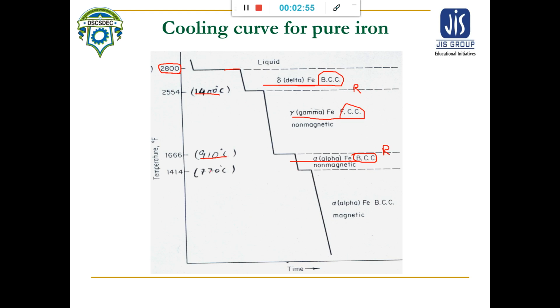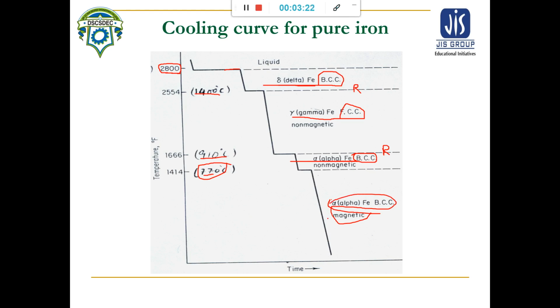And again at 770 to 780 degrees Celsius, this temperature is known as the Curie point temperature, where non-magnetic iron changes to magnetic iron. That means less than 770 degrees Celsius, the iron will be BCC and the magnetic property will be there.